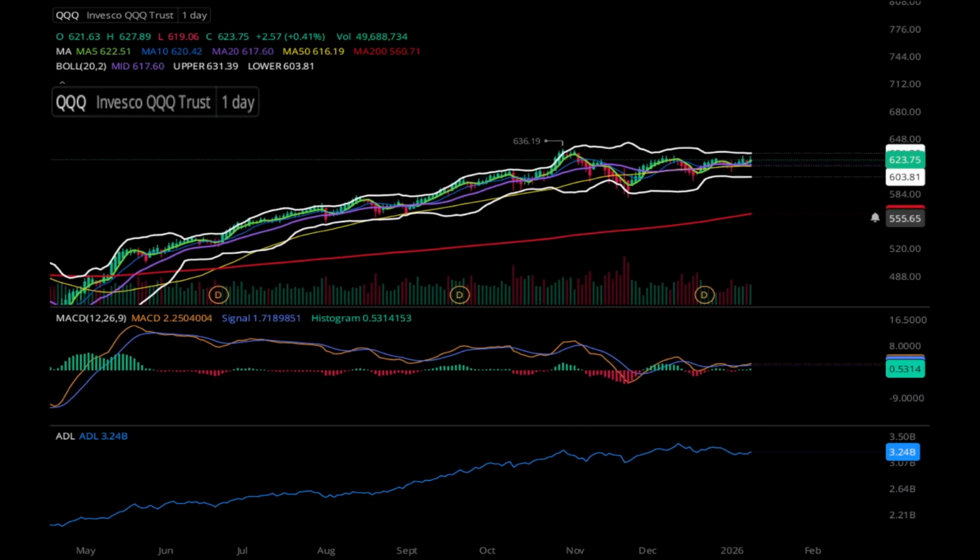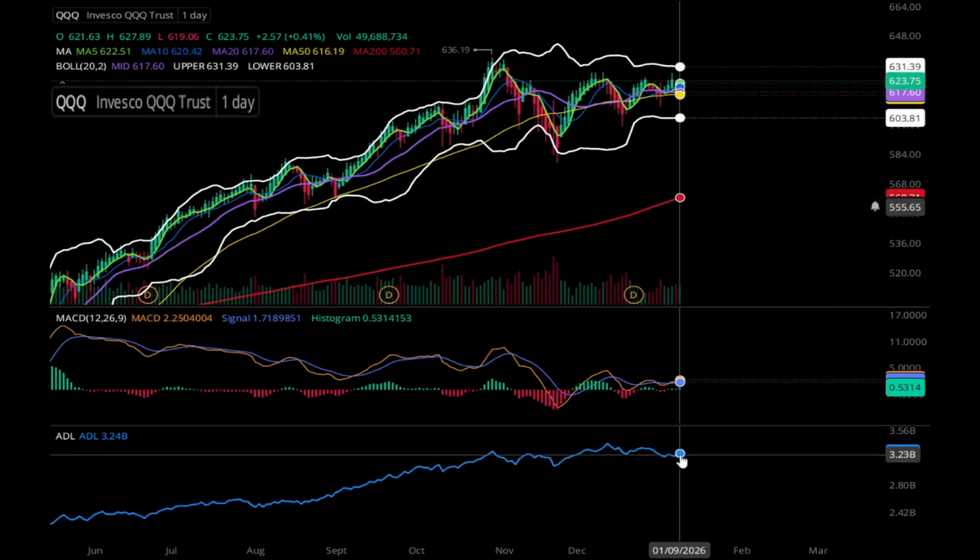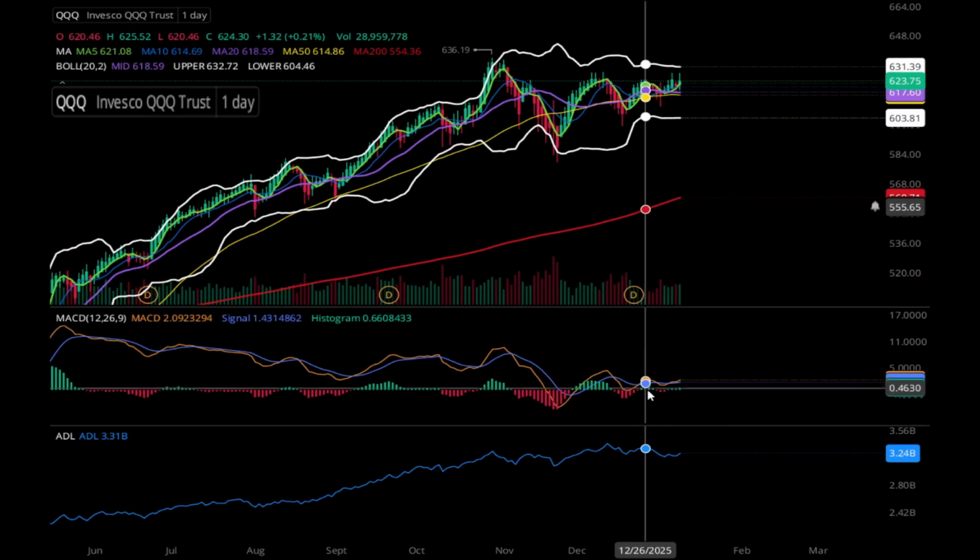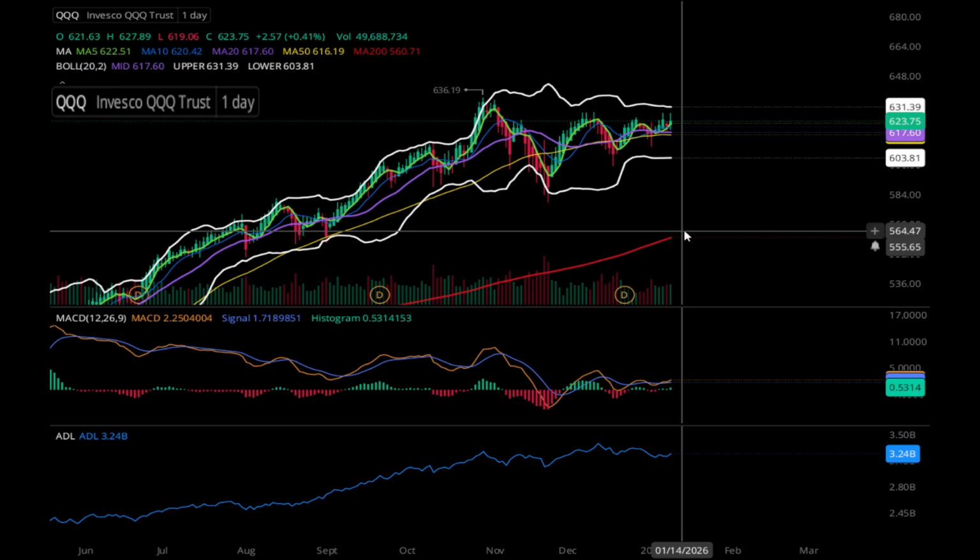Again, those are very, very key levels. The daily ADL and daily MACD can give us very good signals, along with using the VVIX, along with using what data sets we have coming during the session. It can tell us a lot of signals.